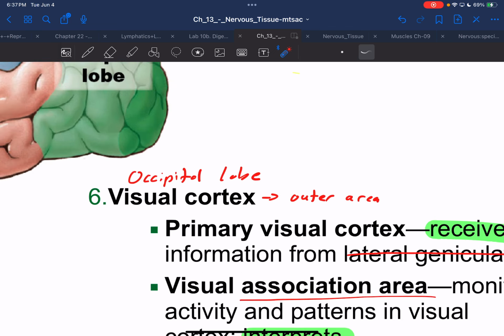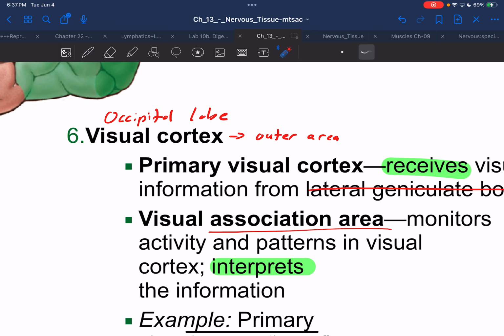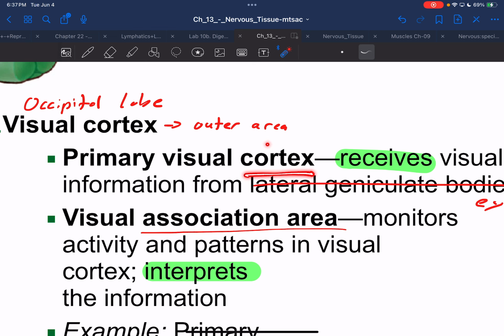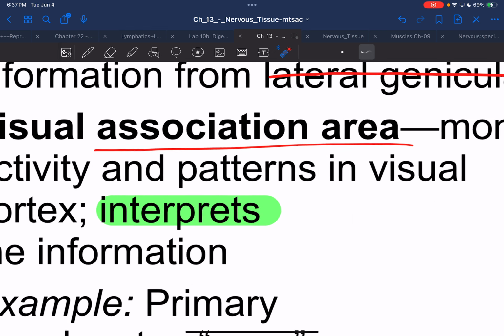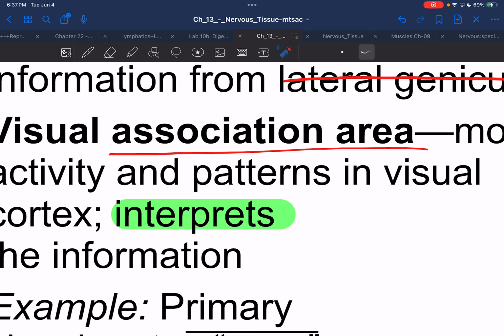So the only thing to really address in this whole page is primary visual cortex means the area that receives the first visual, primary visual. The association area is the part that makes sense of it. Okay, what color am I seeing? Is it blue? Is it sky blue, cyan blue, dark blue? I don't know my colors that well, but you get my point.